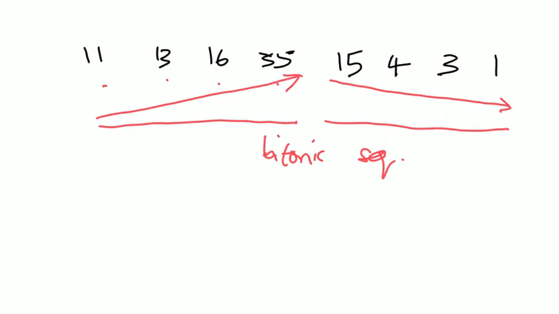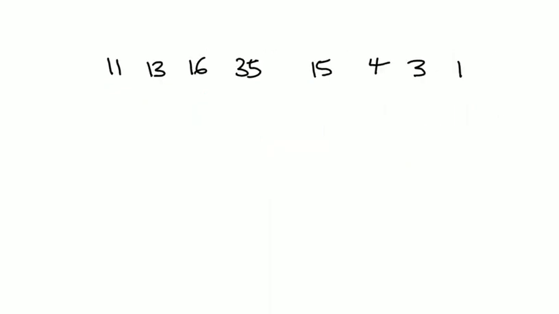Now let us consider the problem of sorting this Bitonic sequence, this example that we have. So I'm going to erase this. Let's see how we can sort it. First of all, let's consider the length of this sequence. As you can see, the length here is 8, so I'm going to write here, length is 8.